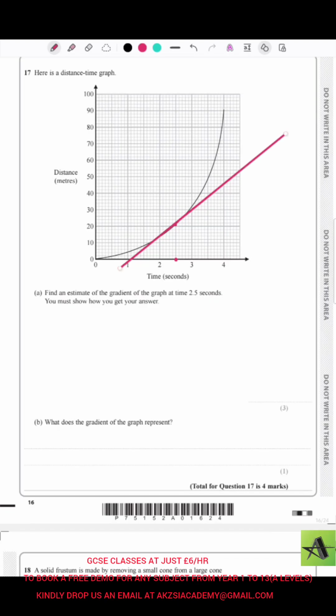And now we have to calculate the gradient of this straight line using the formula, which is change in y over change in x. We have to take 2 points, and then do change in y over change in x. So first point, let me select this.